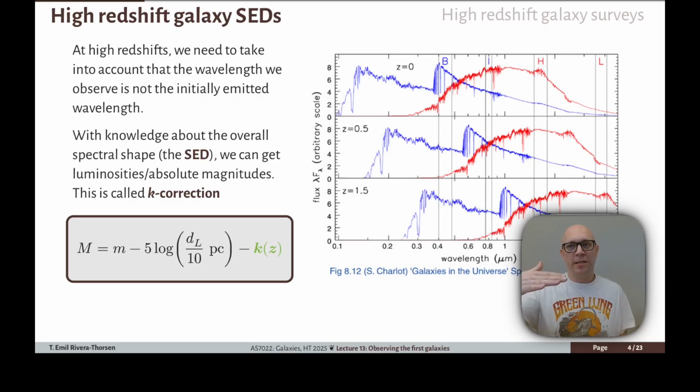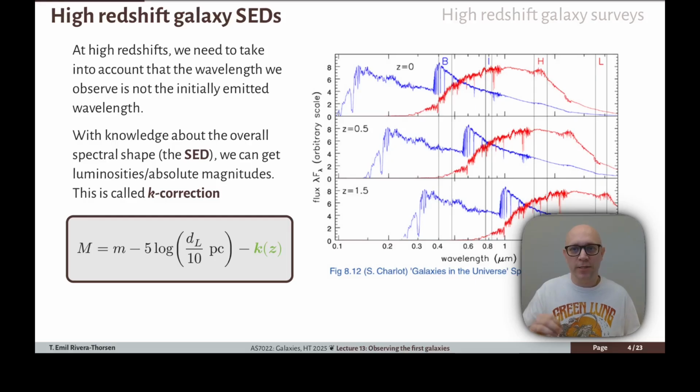And then we basically vary these various properties, and for each of them we construct a model spectrum, and then we end up with the model spectrum that best fits these observations, which means that SED fitting can be quite computationally demanding to do.